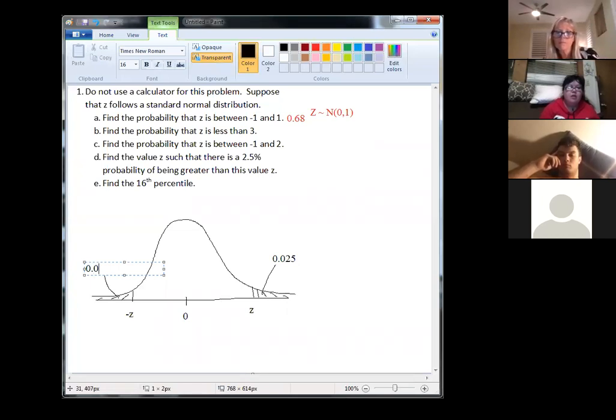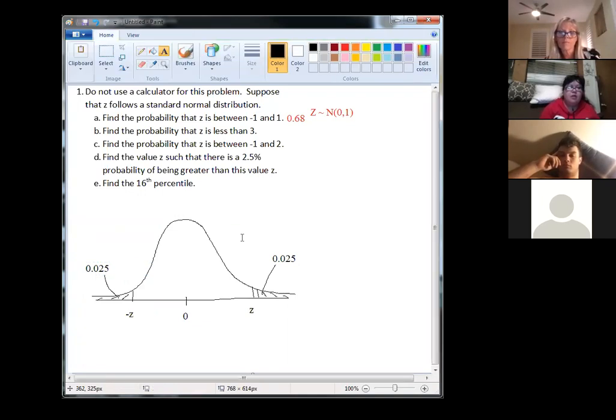Yeah, 0.025, because by symmetry, because normal curves are symmetric, left and right are the same. So if you look at the total left and right, you get 0.025 plus 0.025, which is 0.05. So how much is in the middle? What's left?